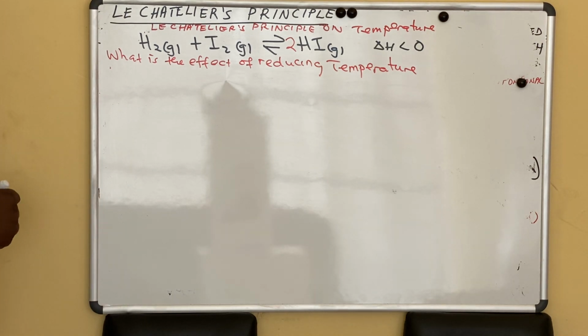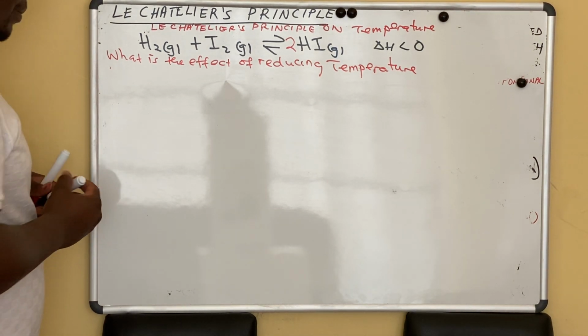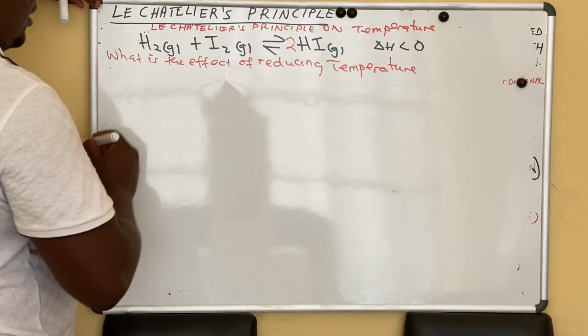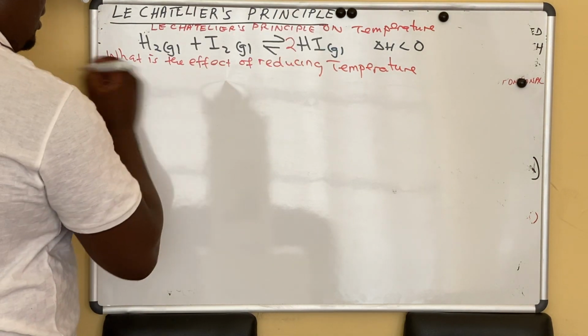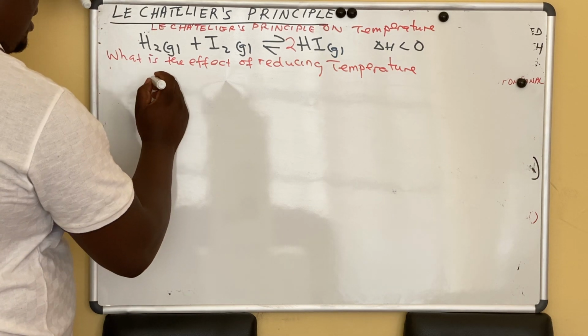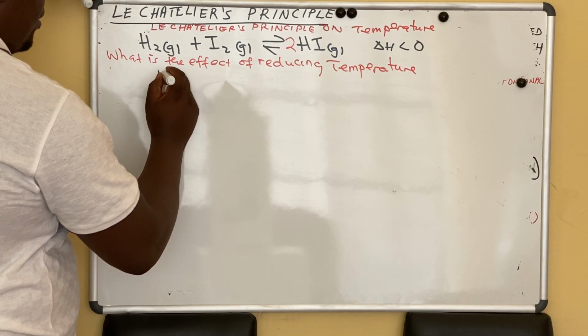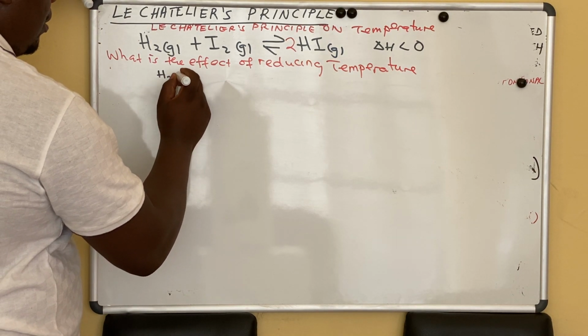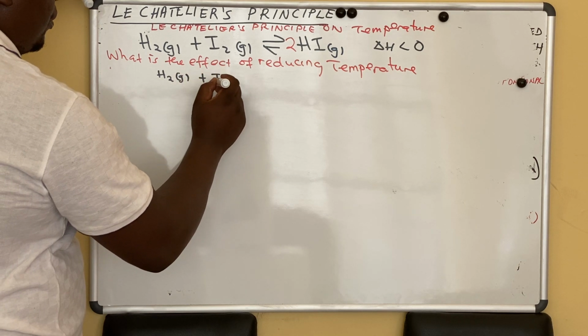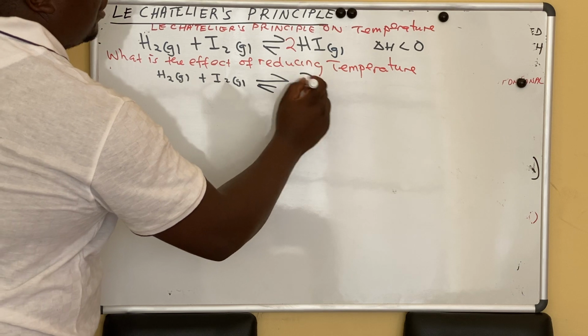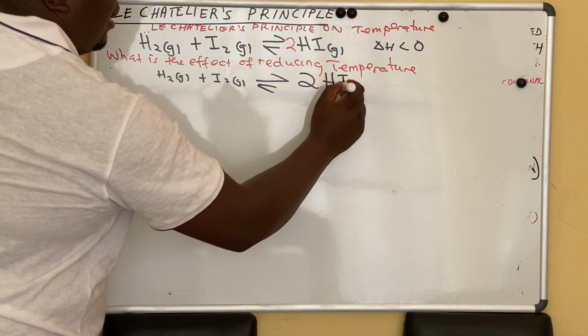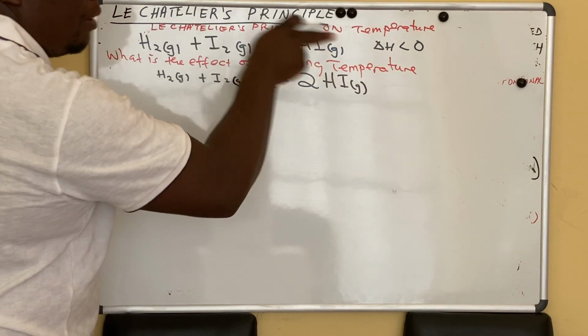Right, so in my head, I need to write the 2 equations. So if I favor the forward, remember it's in my head, I'm going to have a little bit of H2 and a little bit of I2, and I'm going to have a lot of HI. That is if I favor the forward reaction.